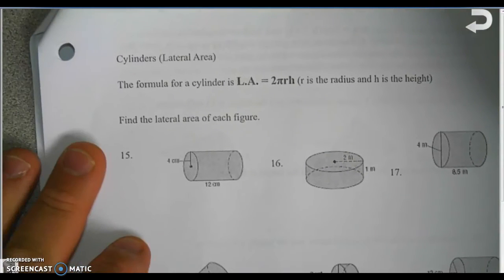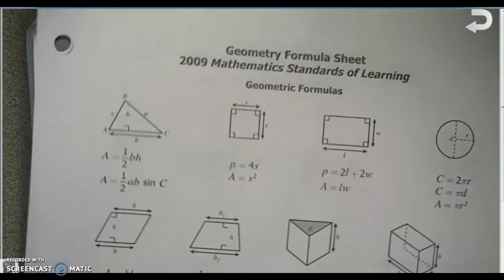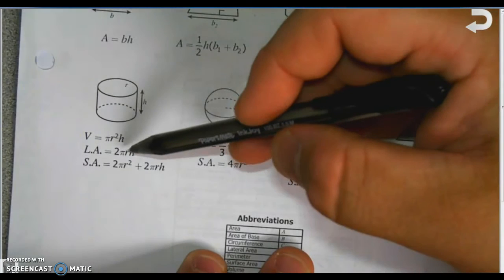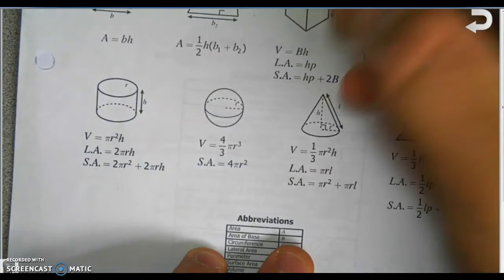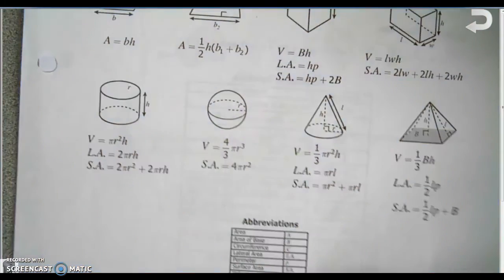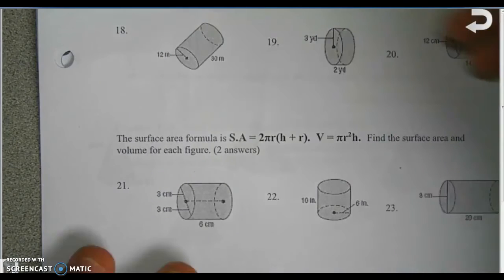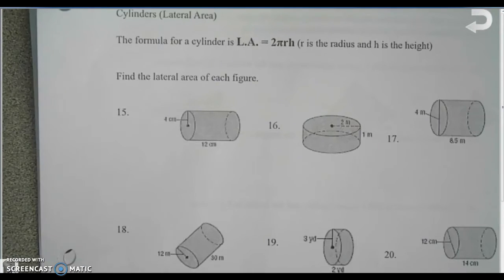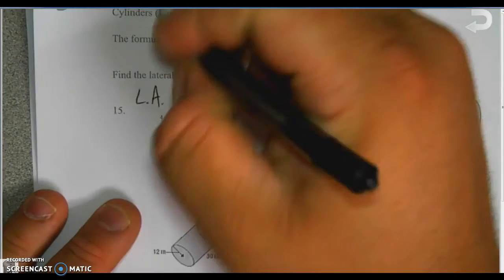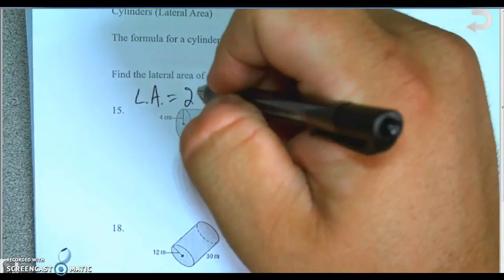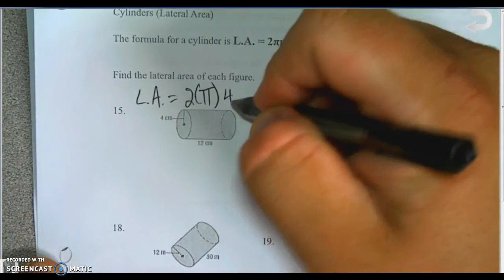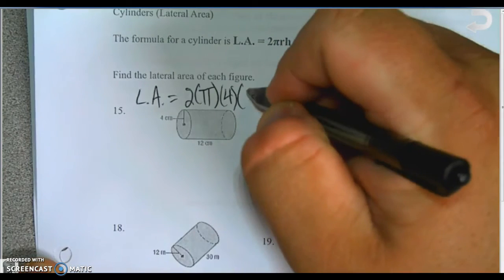Lateral area of a cone, again, or a cylinder. Again, it's right here. Lateral area, 2 times pi times r times h. For all of our purposes, we're going to use pi as 3.14. And so when you do these problems, lateral area is equal to 2 times pi times the radius, which is 4, times the height, which is 12.